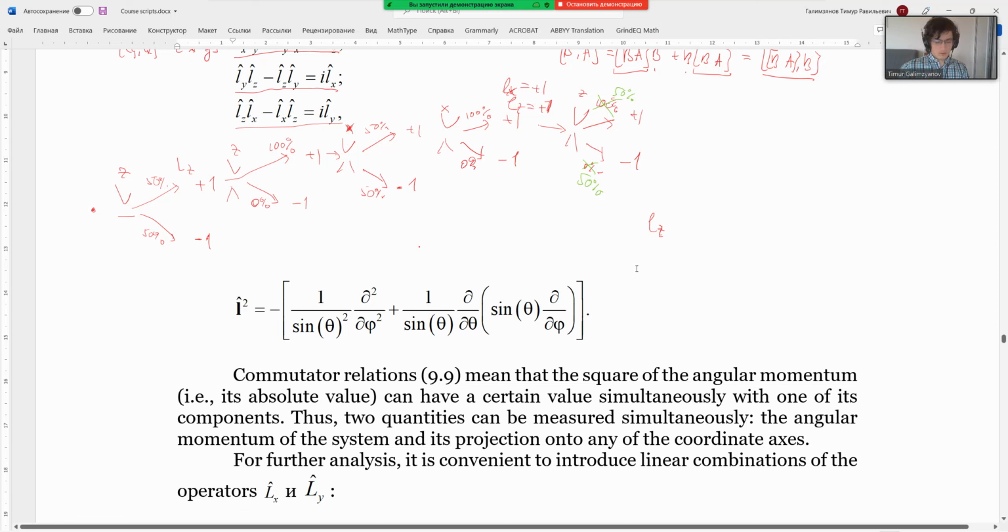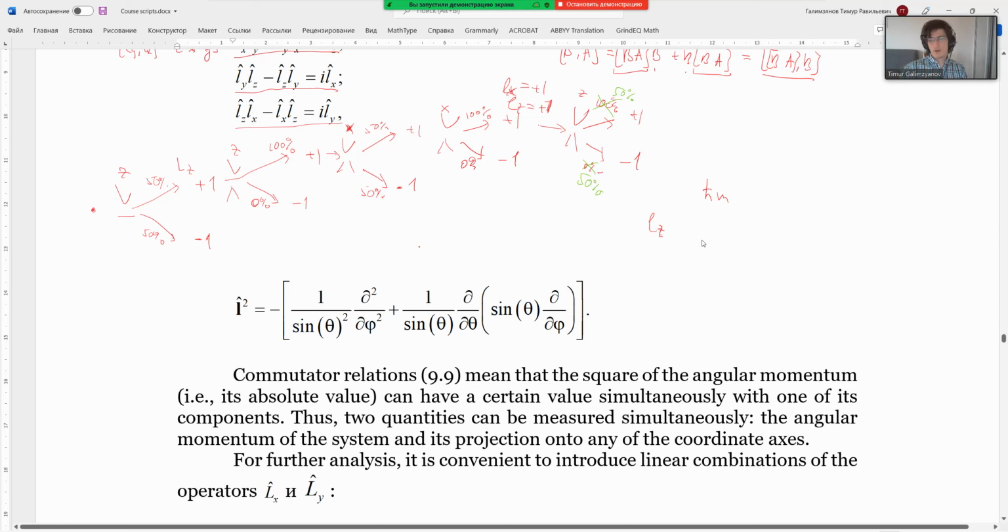So we have found that the eigenvalues of Lz are integer numbers, or integer numbers times h bar, if we are speaking not about the dimensionless Lz but about the dimensional one.